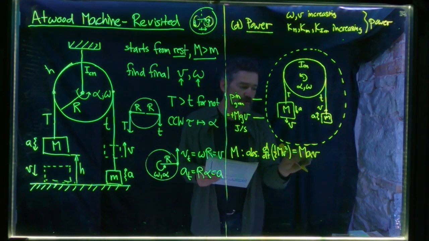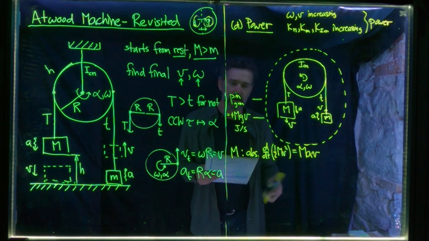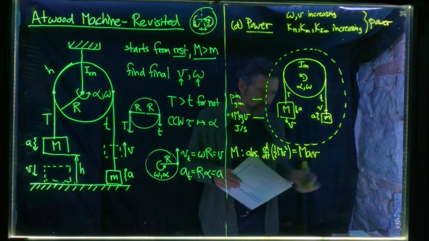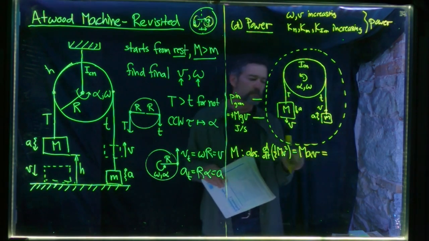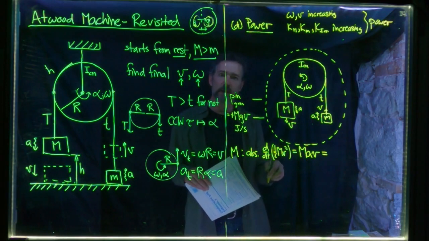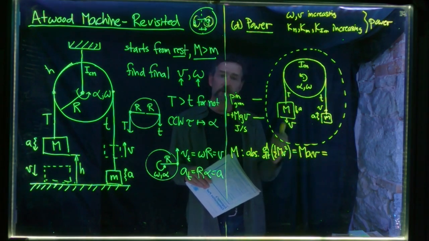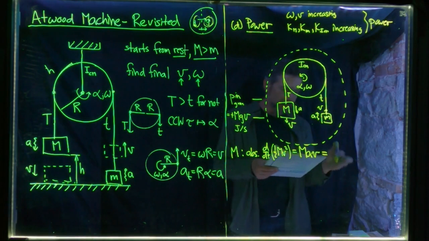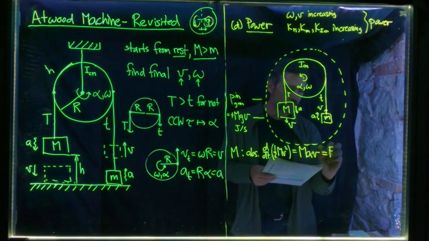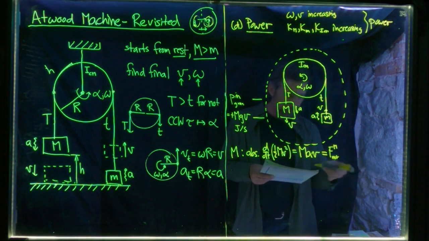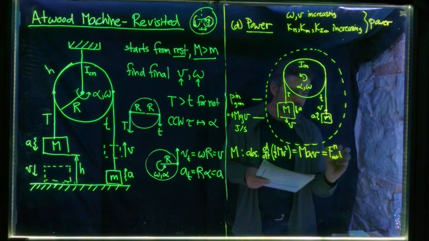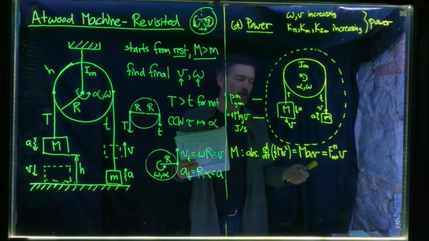M and a are constant, but v is increasing linearly with time. Okay, but what is mass times acceleration of big M? Well, it's the net force acting on big M. And that's times the velocity. So it's force times the velocity.